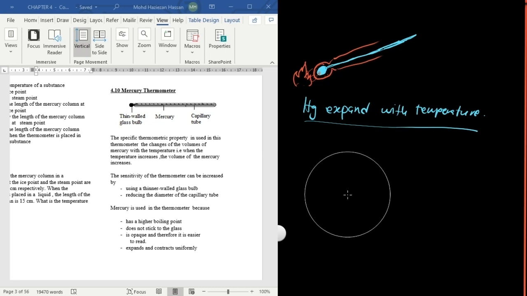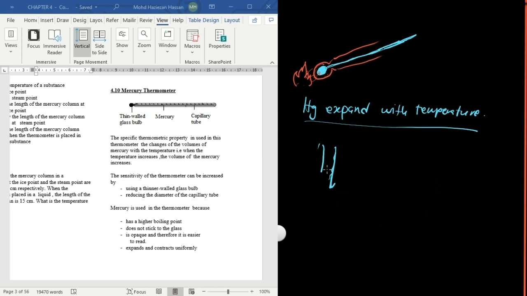And then it does not stick to the glass. That means, I forget the name of the force, but it can move easily, rise upward or move downward when it expands and contracts.